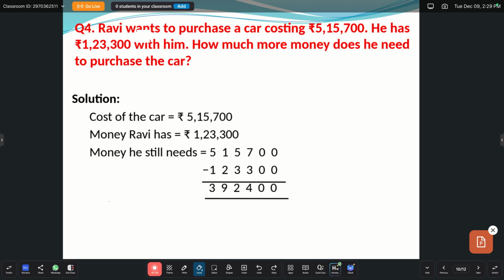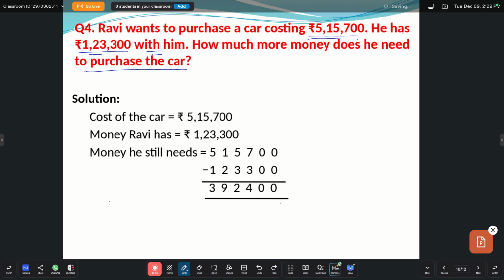Question number 4 is: Ravi wants to purchase a car costing rupees 5,15,700. He has 1,23,300 rupees with him. How much more money does he need to purchase the car?